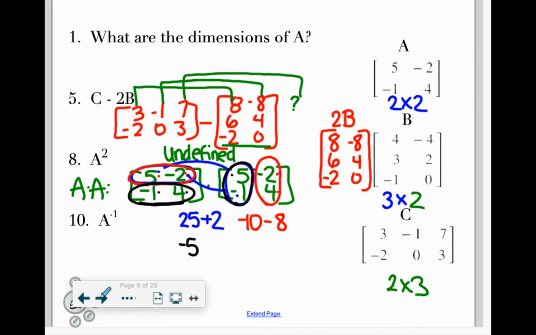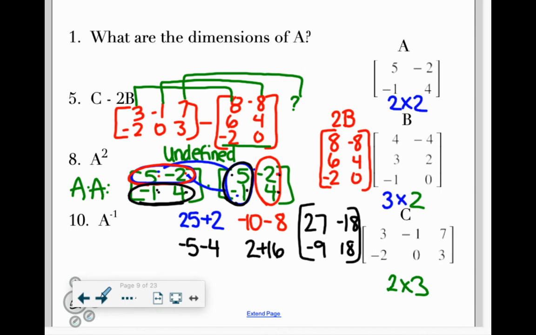And 4 times negative 1. Negative 1 times 2. Negative 2 is positive 2. And 4 times 4. And then you just add those up. And that is how you multiply matrices.